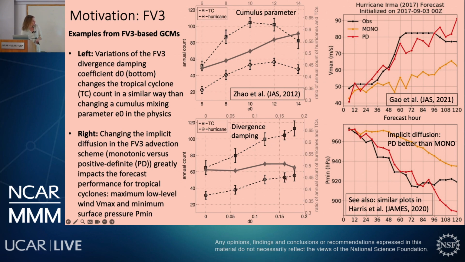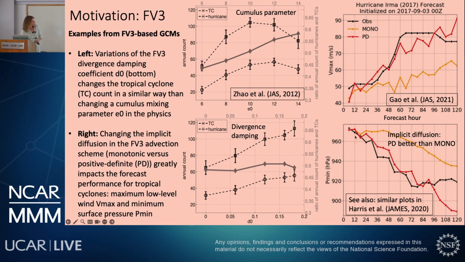This is also true for the strong cyclones. You see this kind of trend here, just by cranking up divergence damping. The other thing, and this is also a GFDL publication, this is for one tropical cyclone, Hurricane Irma. This is the maximum velocity, Vmax, kind of near the ground, and this is the minimum surface pressure.